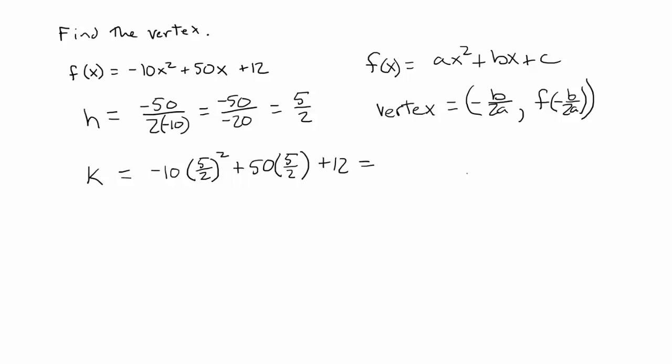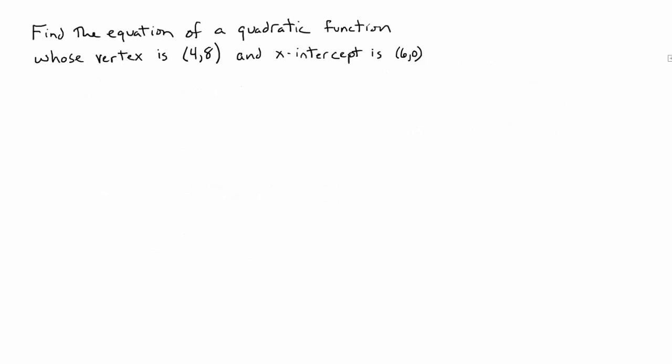And when you calculate this, you get 149 divided by 2. So we can say our vertex is 5 halves and 149 over 2.